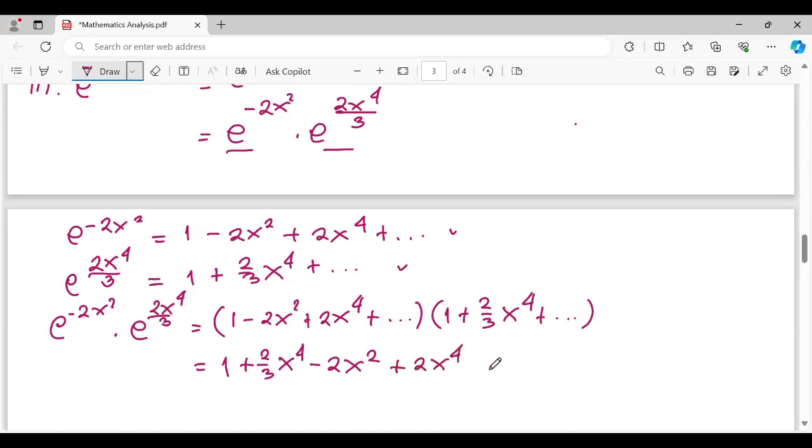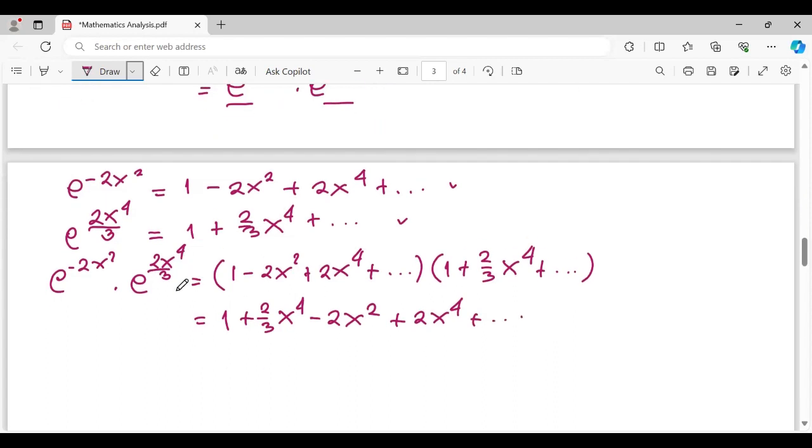So it becomes 1 minus 2x squared. Now 2/3 plus 2, that is 2/3 plus 6/3, 8/3 x to the power 4, plus and so on.